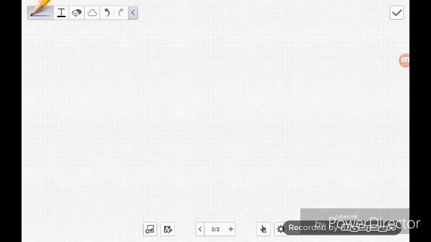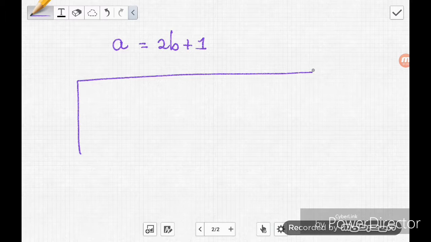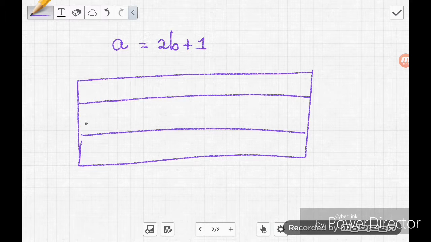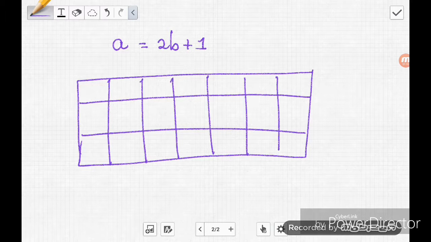Okay, so we have A is equal to 2b plus 1. So first thing you do, let's make our favorite table. Okay. So what goes here? It's our input number, or n, but in this case, what is our input number, or n? It's b.